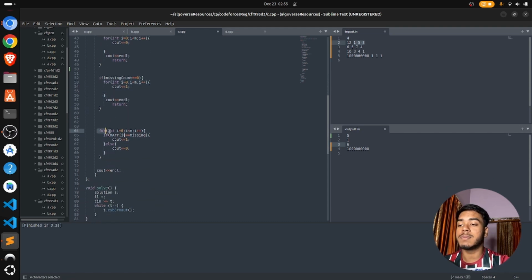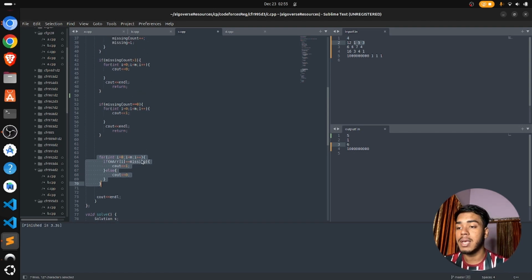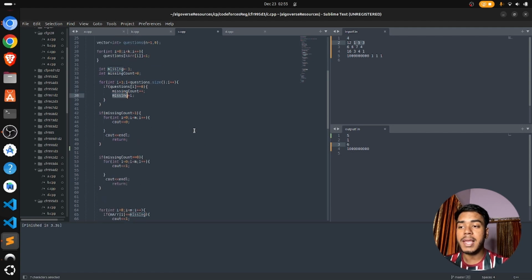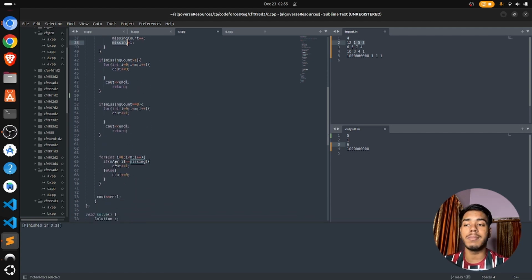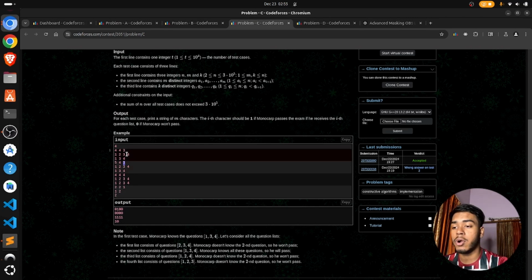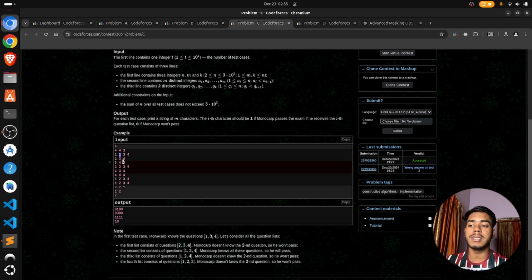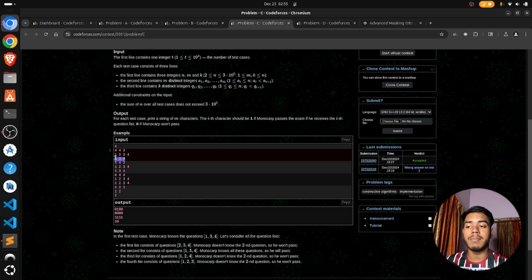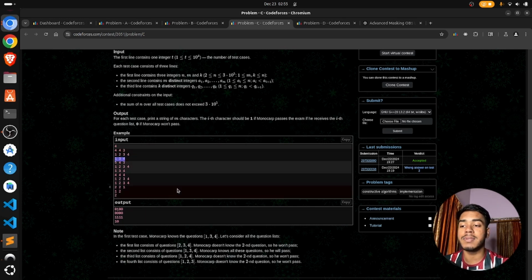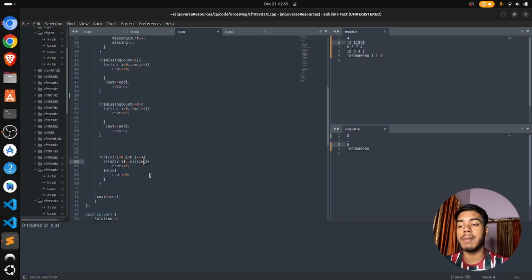The last part is the check where your missing count is exactly 1, and you have stored the only missing question. If the missing question is the one given in your query, like here where you are missing question 2, and Monocarp has knowledge of every problem except that one, then the answer will be 1, else it will be 0, as simple as that.